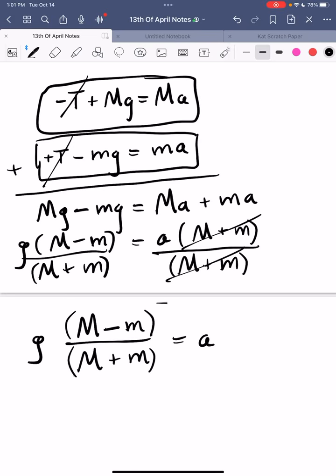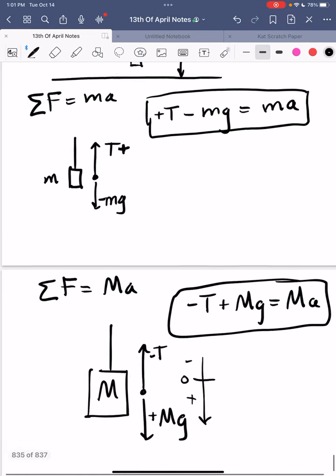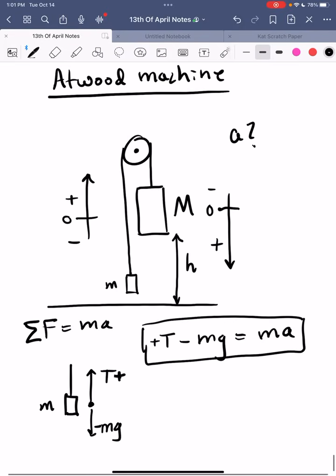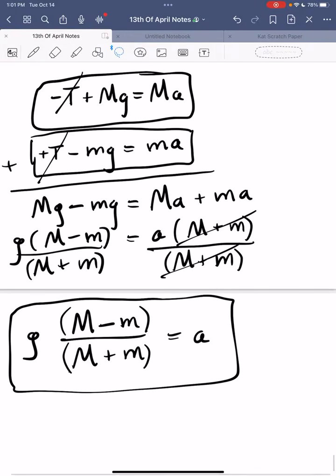So this is the final result that tells us the acceleration of this Atwood machine, if we let it go, how this guy will accelerate downward. A couple things to notice about it really quickly are that up here we have a difference and down below we have a sum. So imagine little m equals 0.